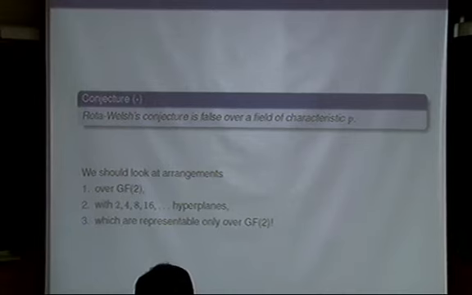I know that it is true over a field of characteristic 0. And I know that it is a first-order property, which means that if it's true over a characteristic 0 field, then it is true over almost all the primes, if you can translate it. But you cannot prove it for all the primes.